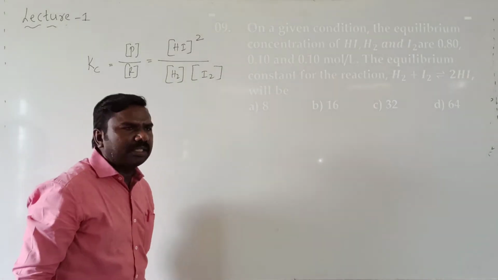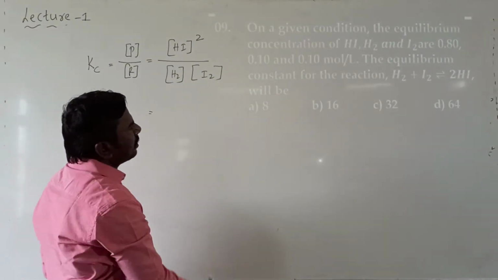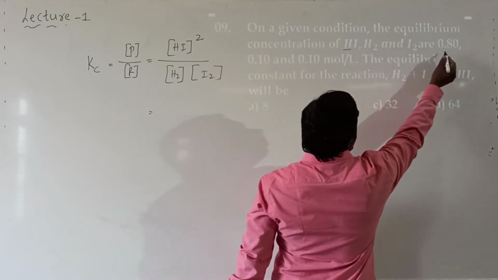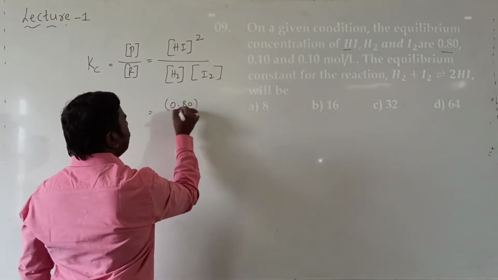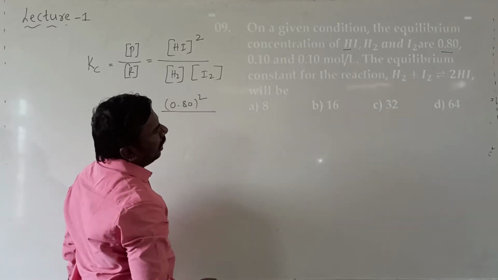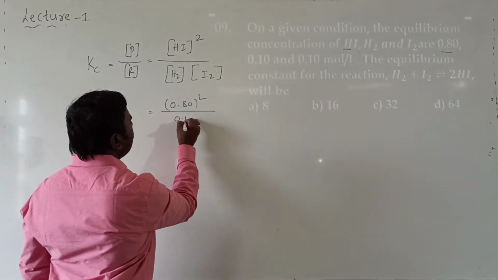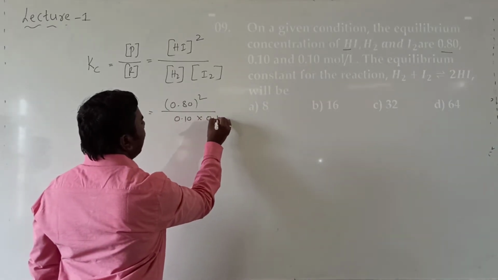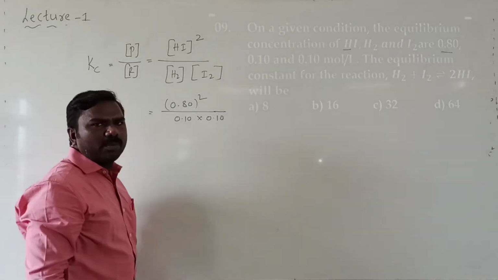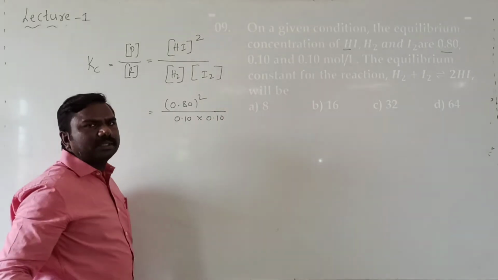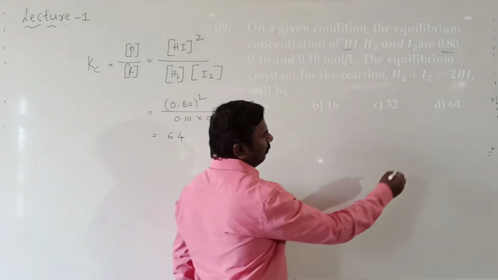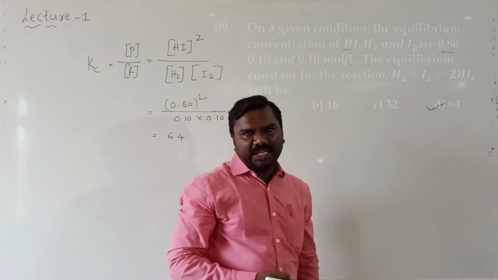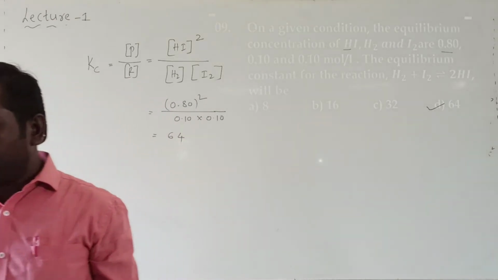Products by reactants: HI concentration will be 0.80 squared, divided by H2 concentration 0.10 and I2 concentration also 0.10. Solve this, you get around 64. Answer will be option D. Next.